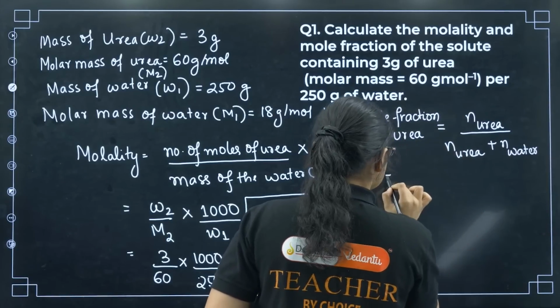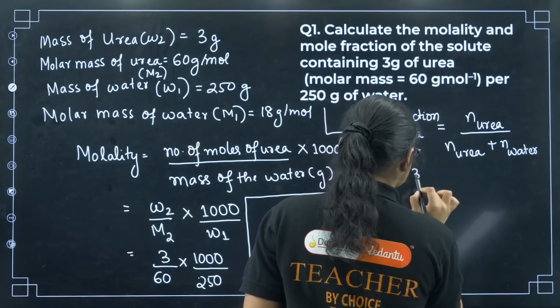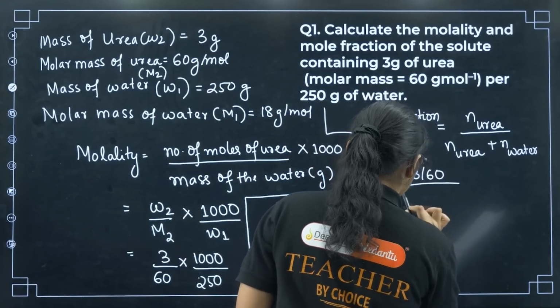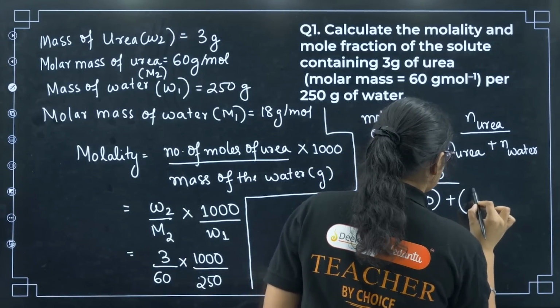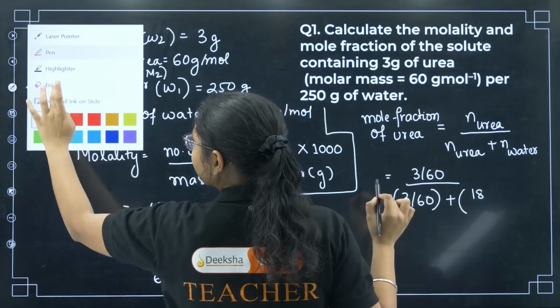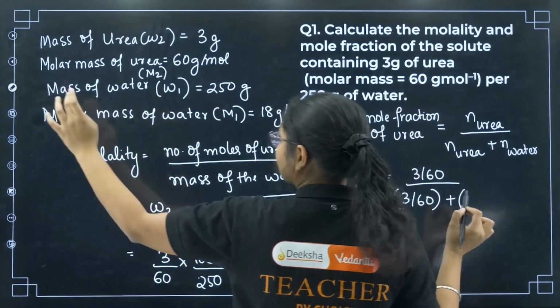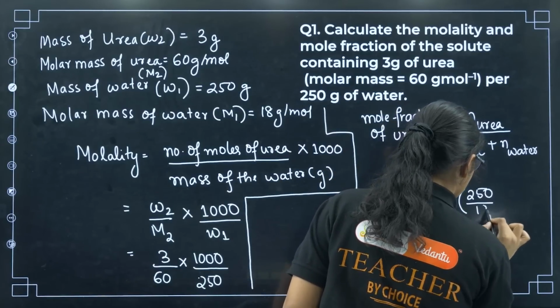What is the number of moles of urea here? It is 3 by 60, divided by 3 by 60 plus the number of moles of water, which is 250 divided by 18, given mass by molar mass.